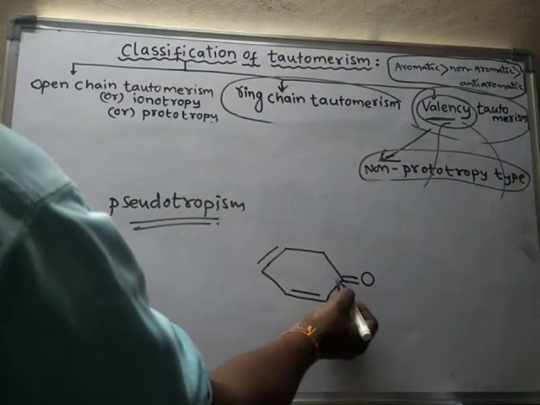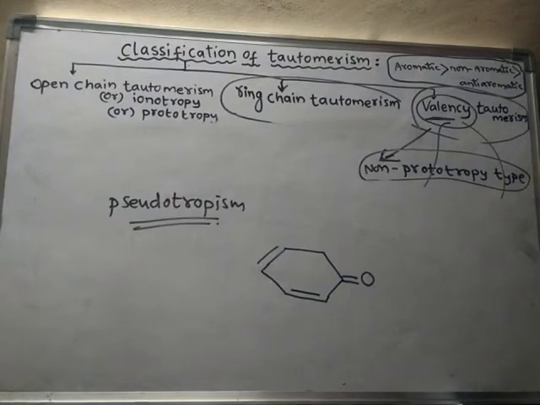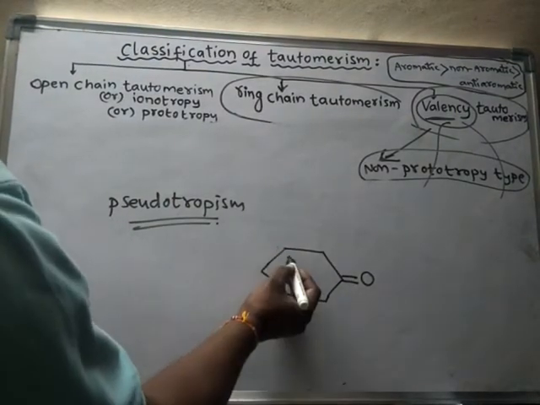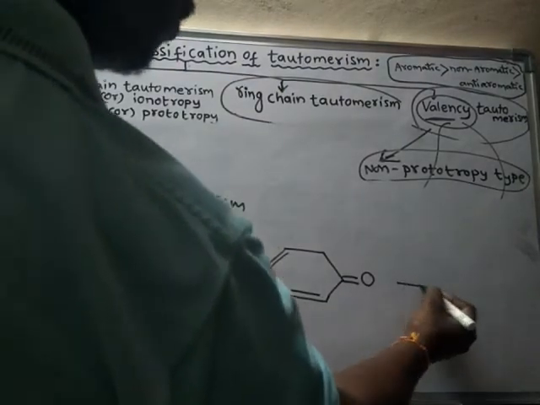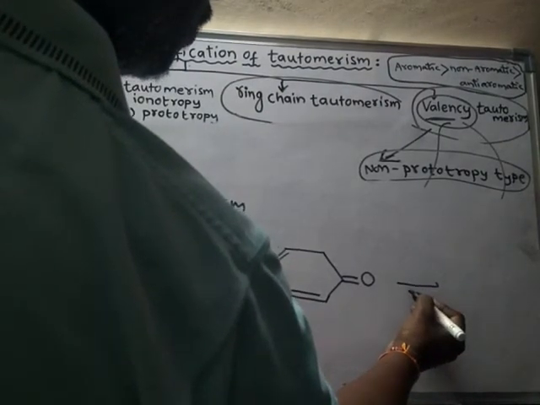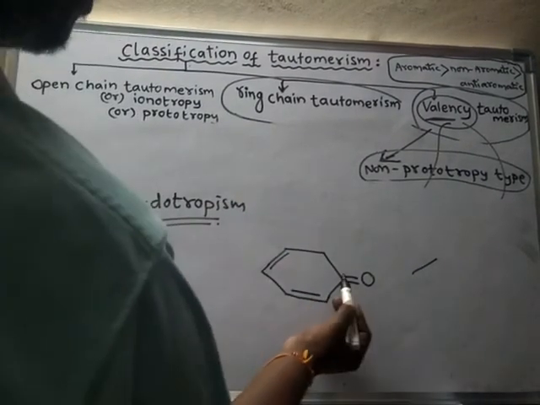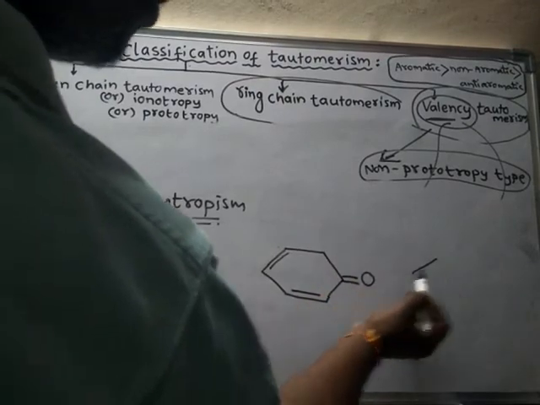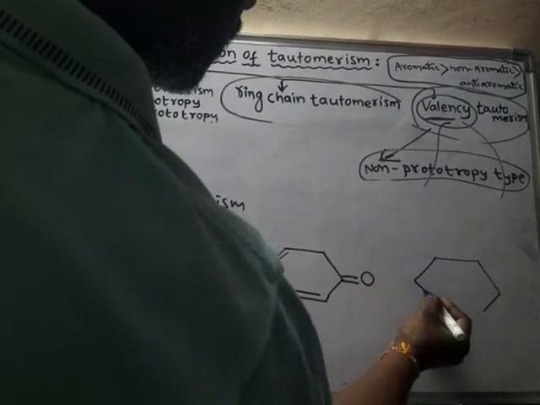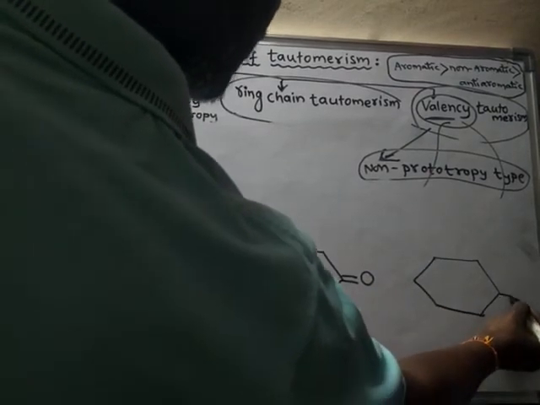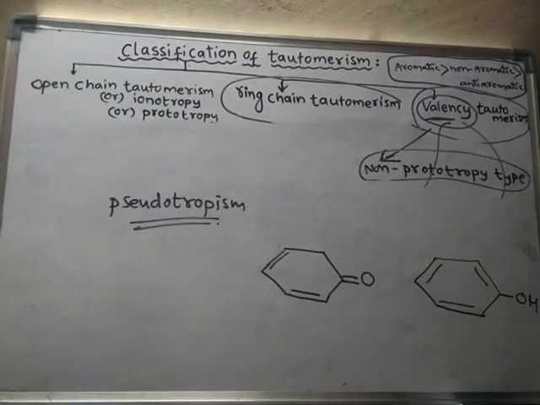so this is keto form. But it is keto form means like this, it is anti-aromatic. It will convert immediately into this one. See, this bond will shift here, then hydrogen will move here, to form phenol.